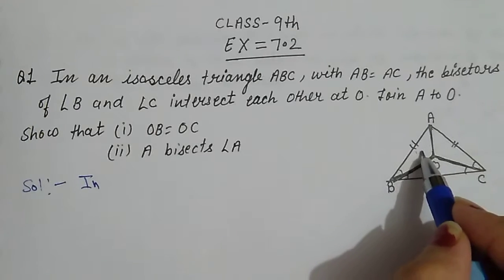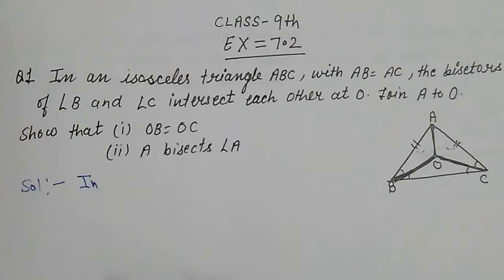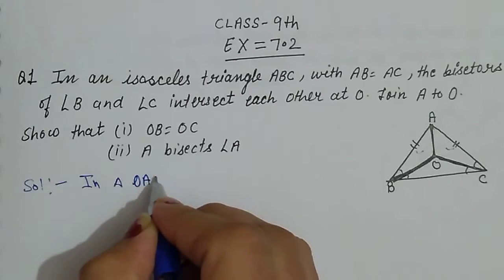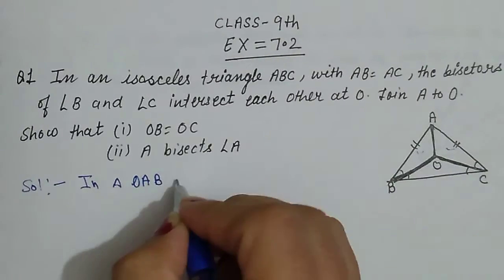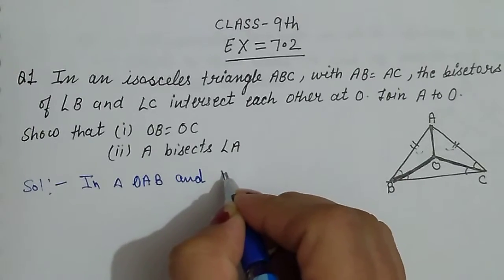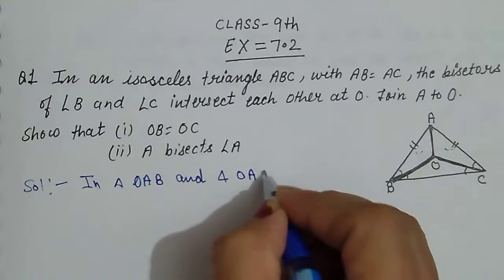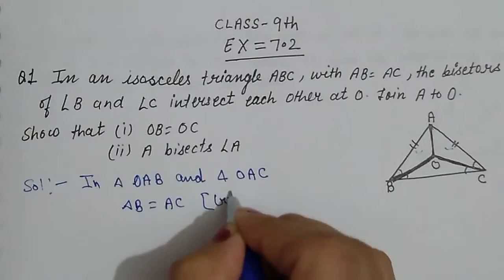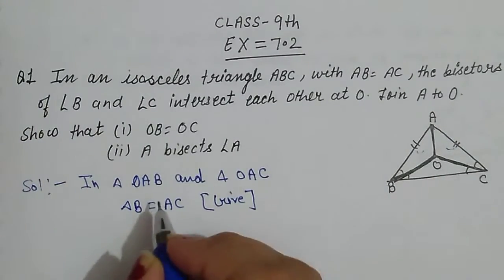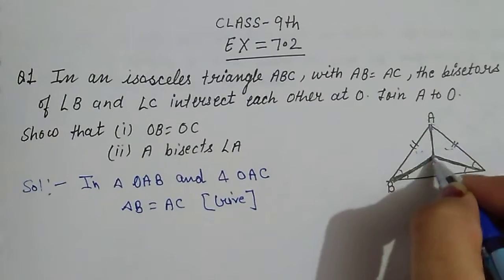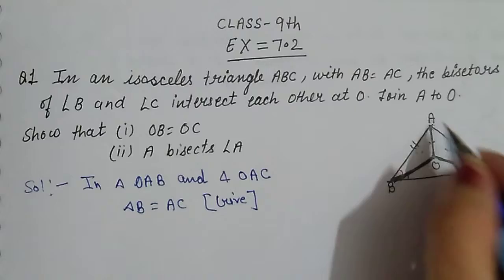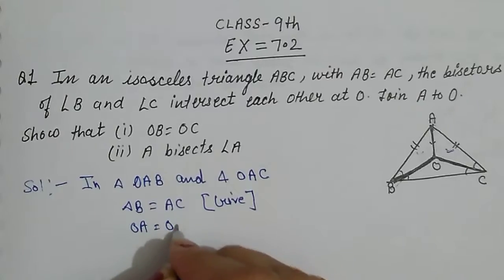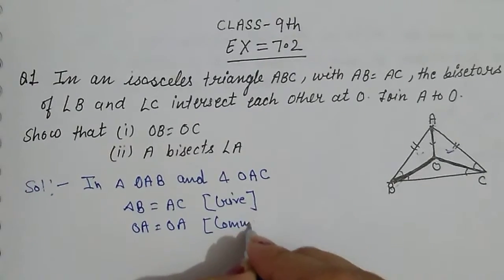You have to prove triangle OAB and triangle OAC congruent. In triangles OAB and OAC, AB is equal to AB, and OA is equal to OA, the common side.